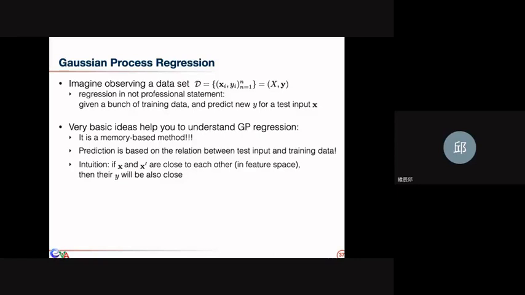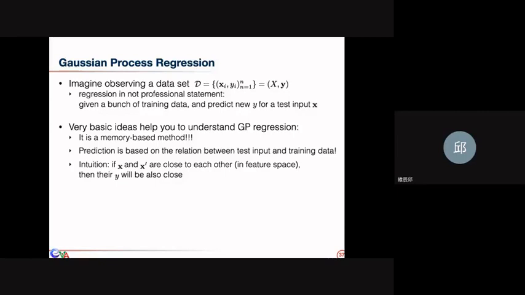This is the very important idea behind the memory-based method, and the Gaussian process regression belongs to memory-based methods. So in the Gaussian process, we use the relation between the test data and the training data to do the prediction.